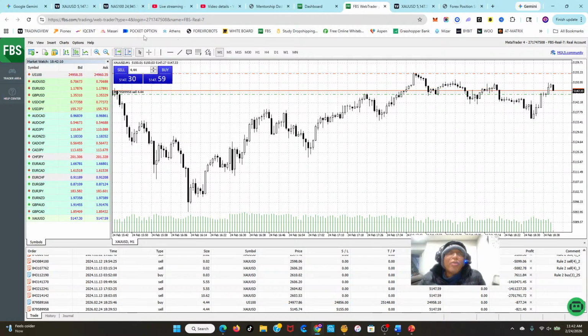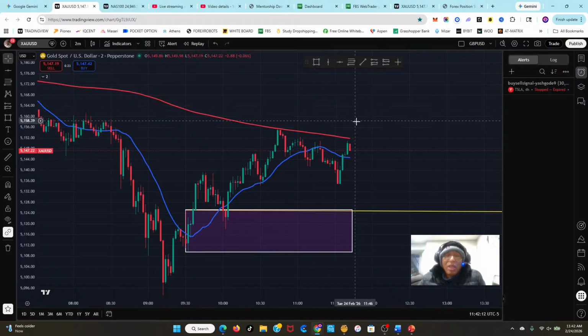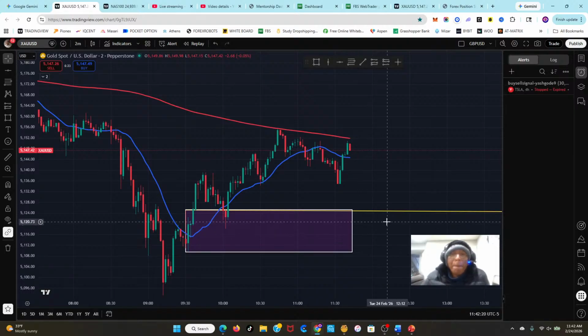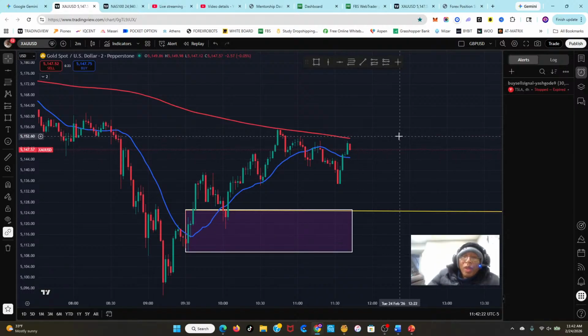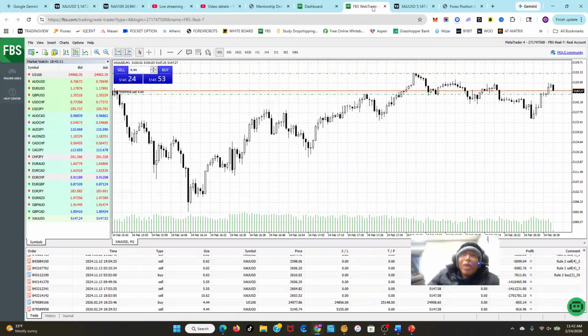So 51.55 is our stop loss, and our top profit should be just when we clear the bar.